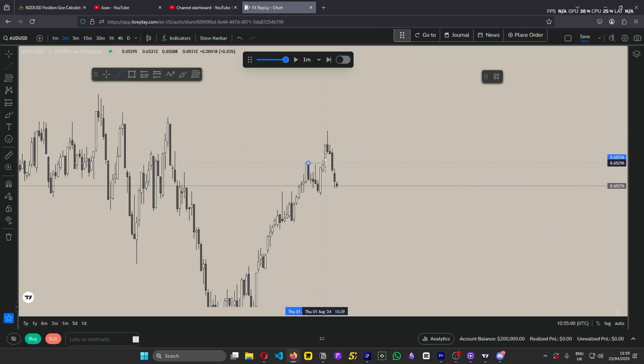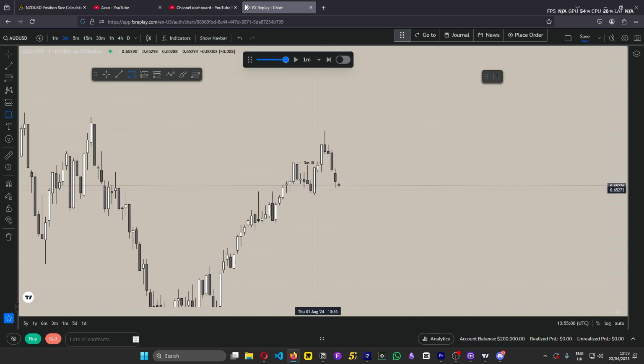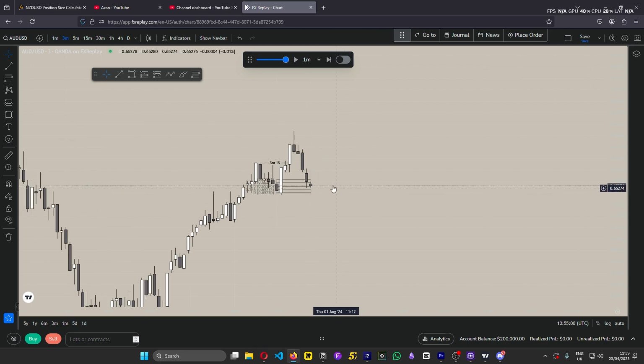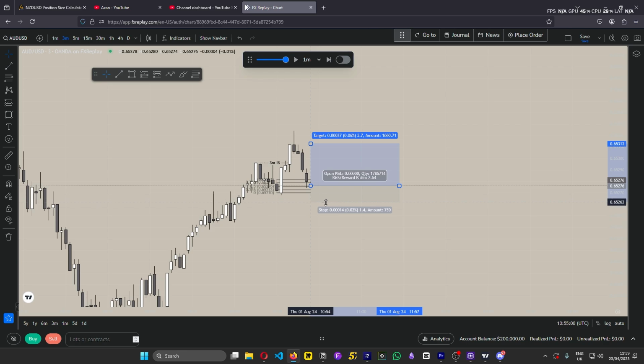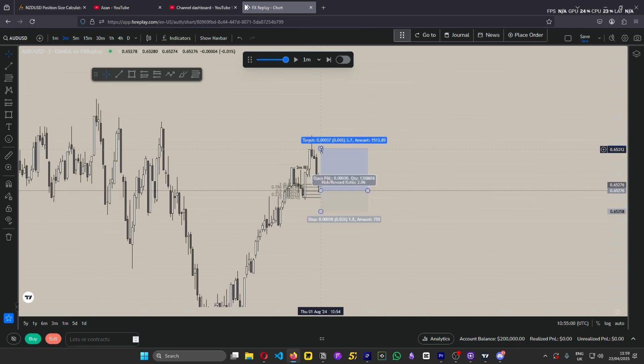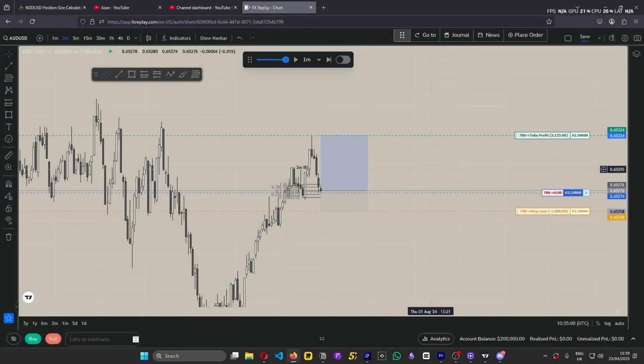We got 3-minute internal breaker structure. I want to do a market entry, and I'll enter right there, stop loss right below this 1.8. We're gonna do market execution like that.